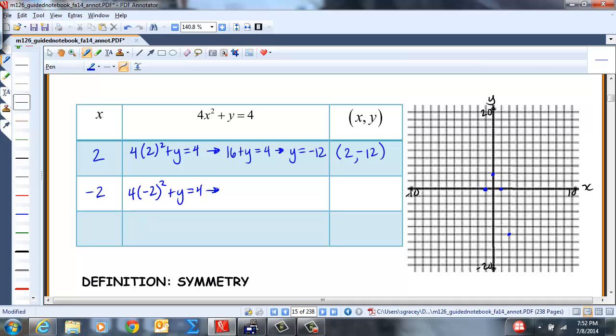So do you see that -2, the quantity squared is +4, and 4 times 4 is 16. And then we'll get that same result of -12. There we go.